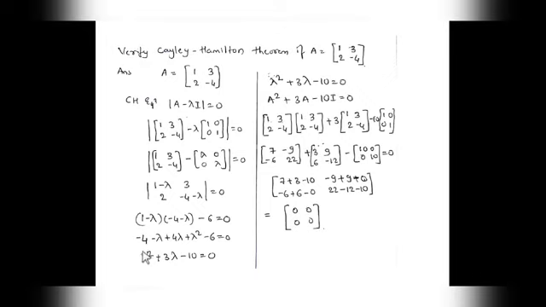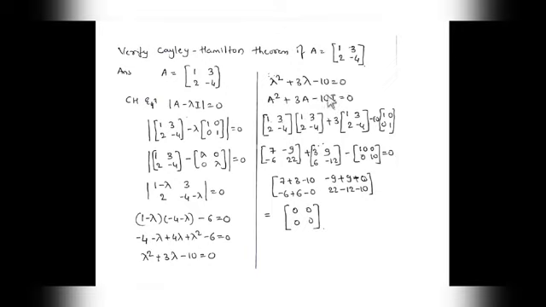But we have to verify Cayley-Hamilton theorem for the given matrix. Therefore, what we have to do, in this characteristic equation, all the lambdas are replaced by matrix A. That is, lambda square is A square, 3 into lambda is 3A, minus 10 into. This is a simple scalar quantity.